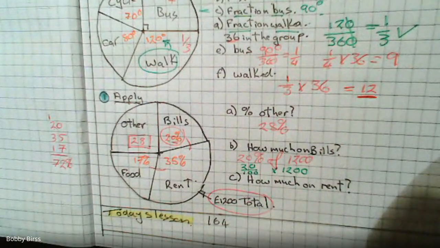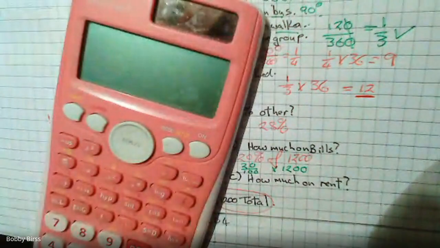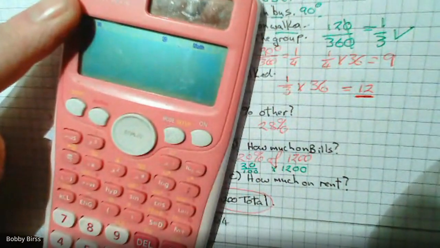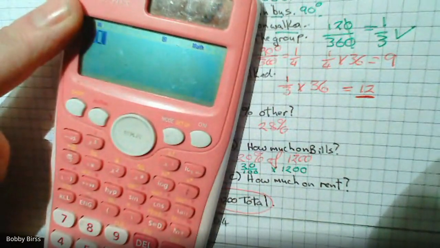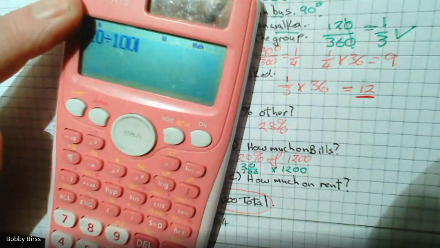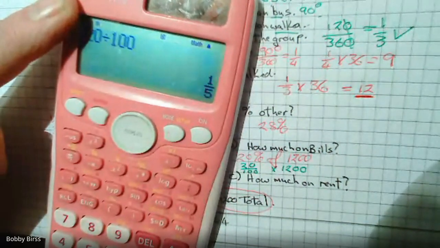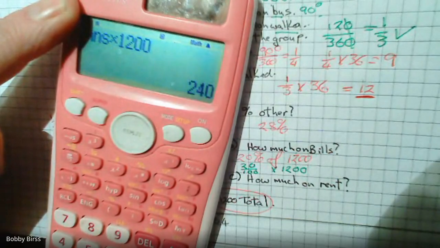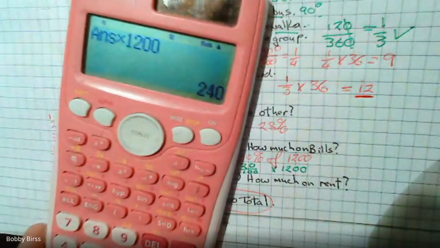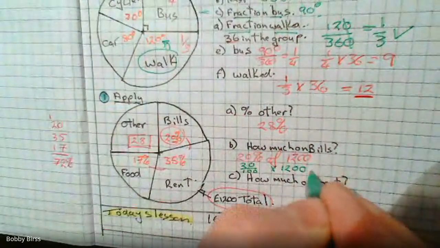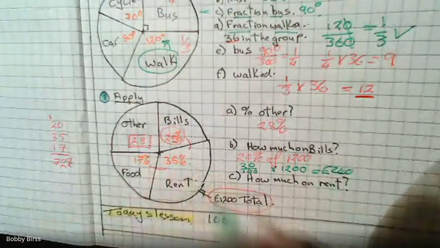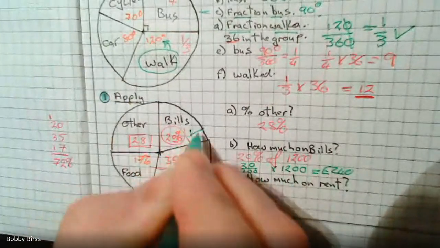So if I was a hive of organizational skills and managed to bring a calculator in, I should be going, 20 divided by 100. So it's a fifth times 1,200 gives me £240. So I'll spend, remember your units, £240 on bills.